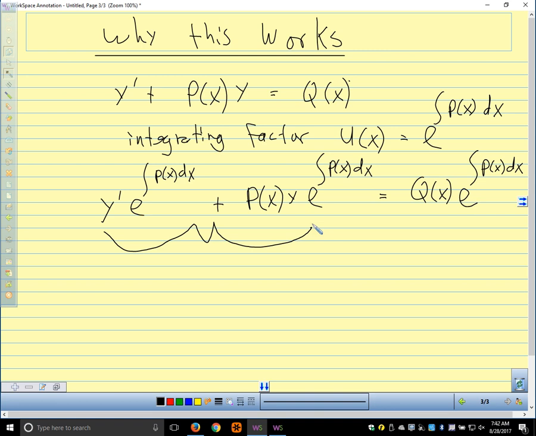What does that look like? Where do you have the derivative of something times something else plus something else times the derivative of something? Isn't that the product rule? Yes, this is the derivative of a product. So that integrating factor turns the left-hand side of our differential equation into the derivative of a product.